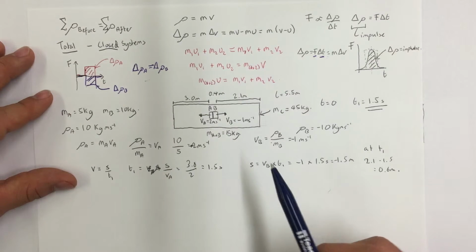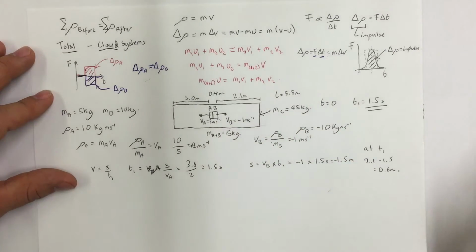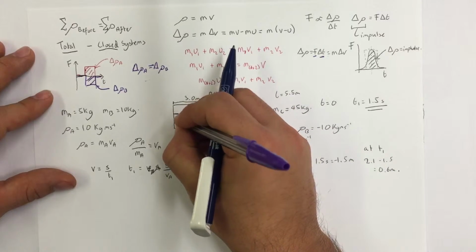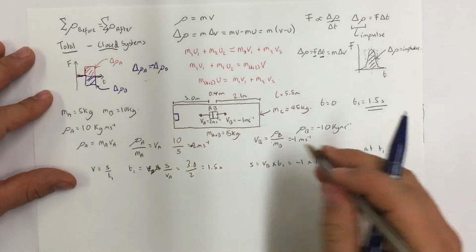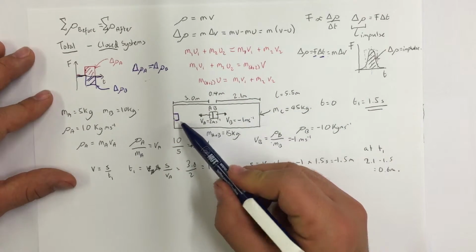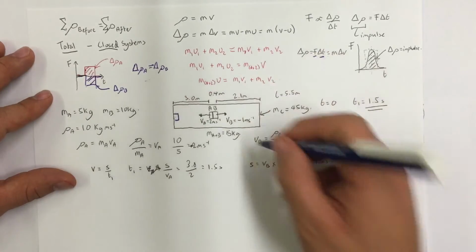Now what I want to know is when this happens. So imagine a couple of seconds later now, we have VA, it's collided with this container. And in the question, it tells us that it sticks to it. Now what this means is there's going to be a change of momentum because VA will exert a force onto the whole container.